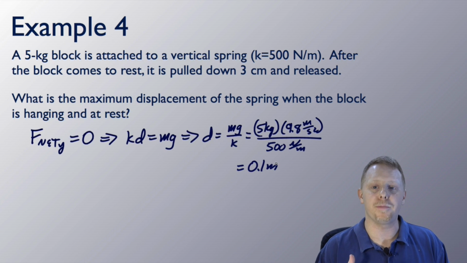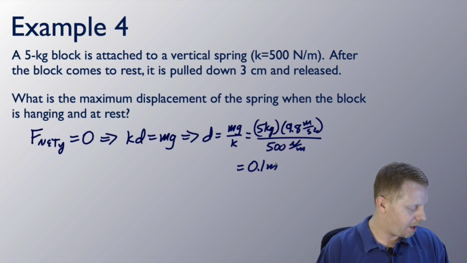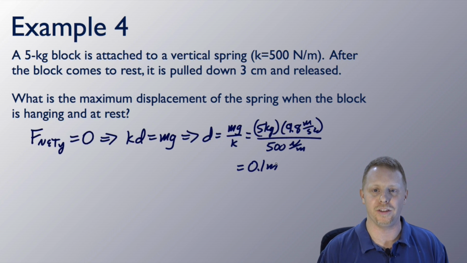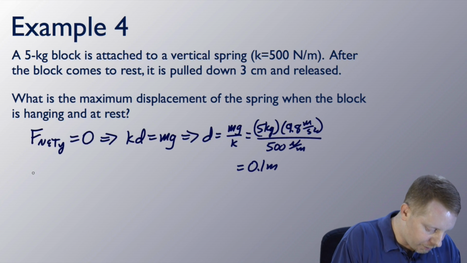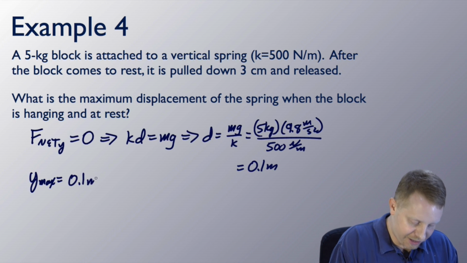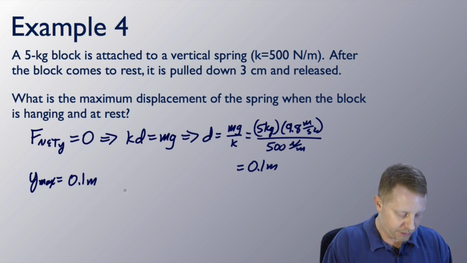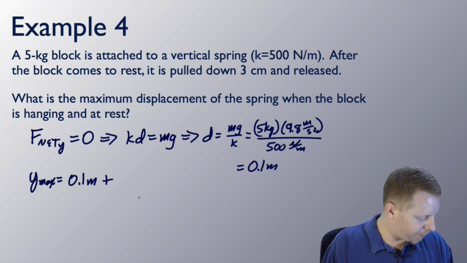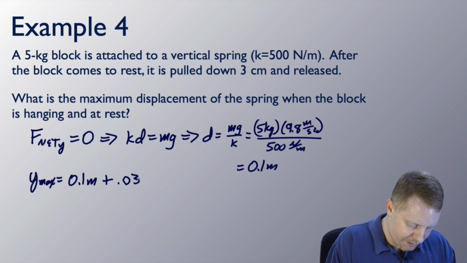Now, however, the block is pulled down 3 centimeters, and then we're going to release it. So the maximum displacement must be the displacement while the block is at rest, in addition to the 3 centimeters we pull it down. So the maximum displacement, y max, is its hanging rest position, which we just found, plus that 3 centimeters, 0.03 meters, or 0.13 meters.